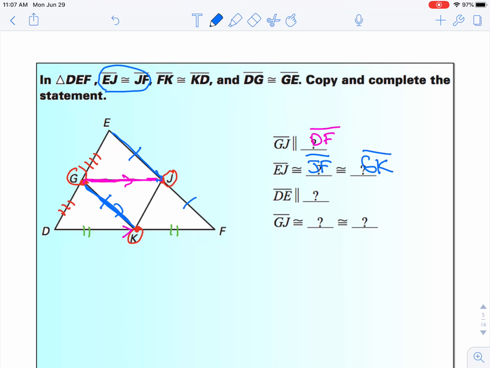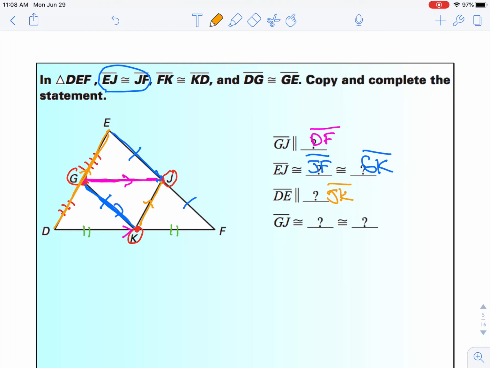DE, let's take a look at DE. DE right here, this segment right here, is parallel to what? That's the third side, and it's parallel to this mid-segment right here. So that would be JK. And GJ is, we know, parallel, and it's the mid-segment of DF, or of the triangle, sorry.